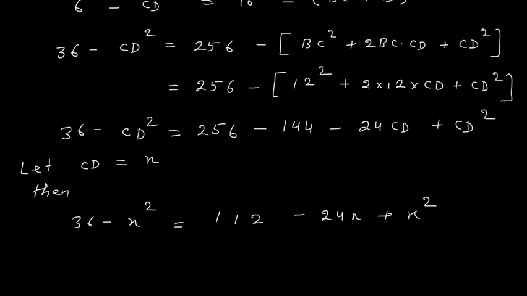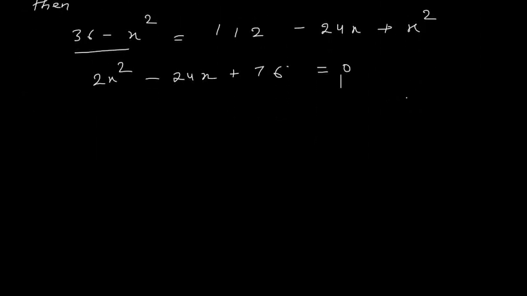Now this left hand side I will move to the right hand side. So x square plus x square will give me 2x square, then minus 24x, then this 36 will come here, and it will be plus 76. Now we can take 2 common.